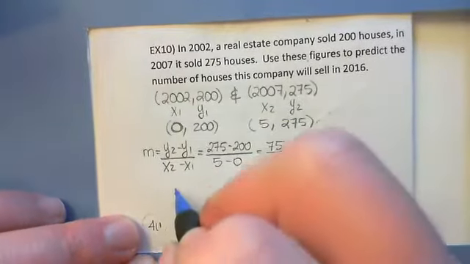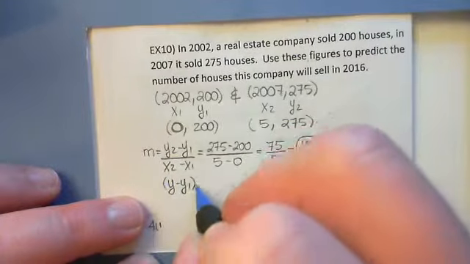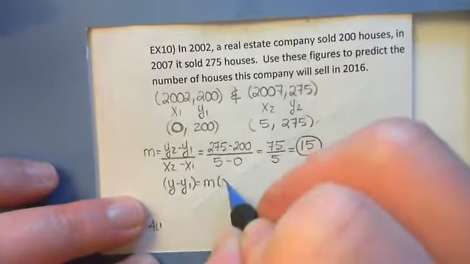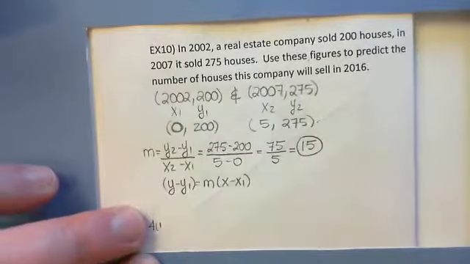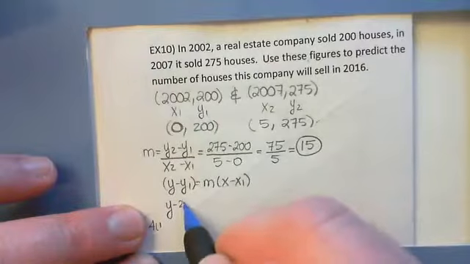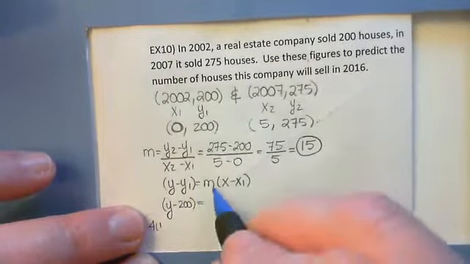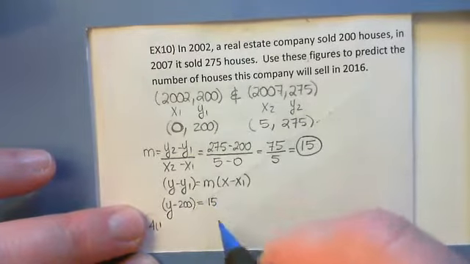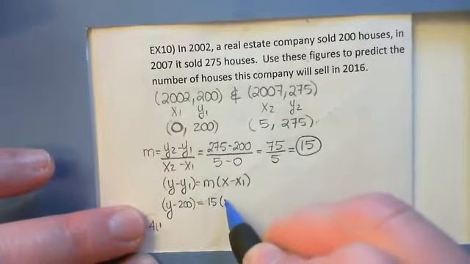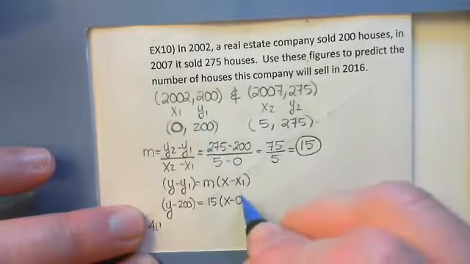Now let's find the equation of the line by doing y minus y1 equals m times x minus x1. Our y1, where we wrote it there, is 200, my slope is 15, and x minus x1 would be x minus 0.